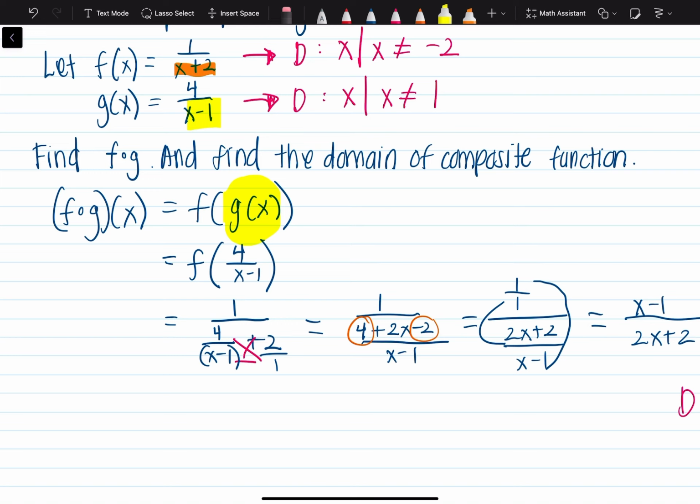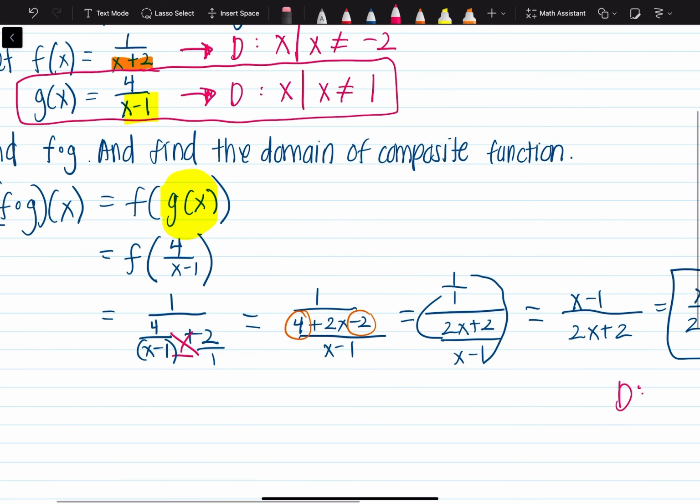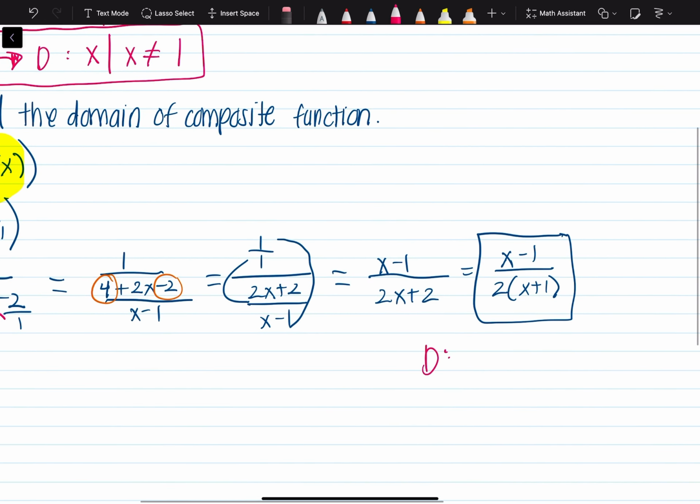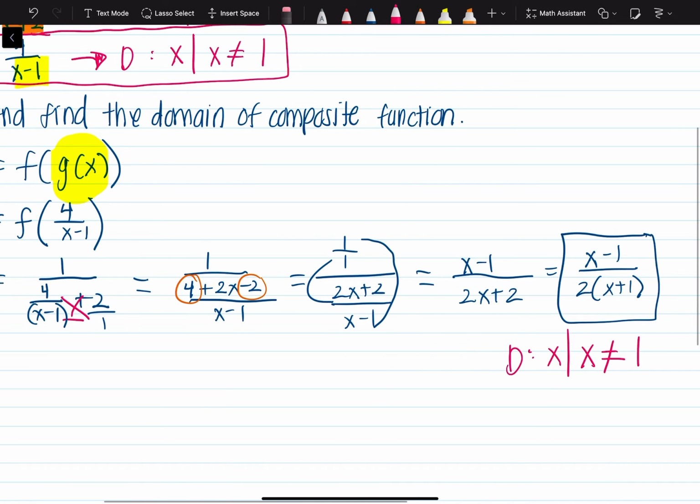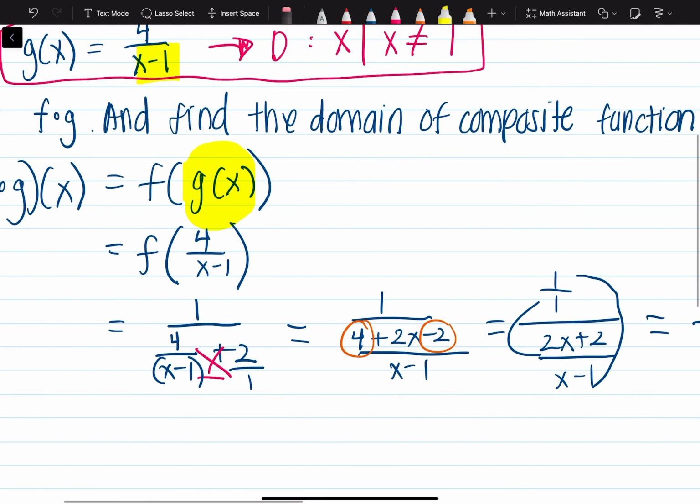So I for sure need to exclude the values from g of x. Now, g of x was this expression here, and the value that had to be excluded in that original function was positive 1. So in my composite, it's going to be x such that x cannot equal positive 1. So that comes from g of x. That comes from the function that you substituted into the other function.